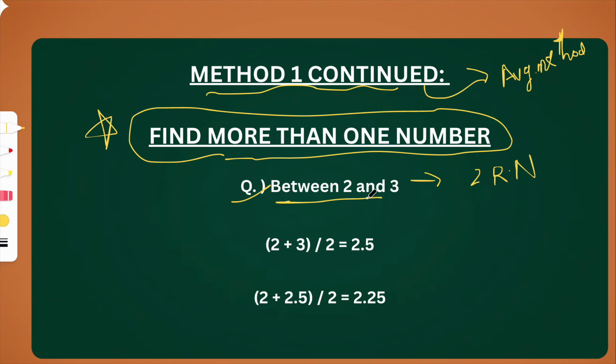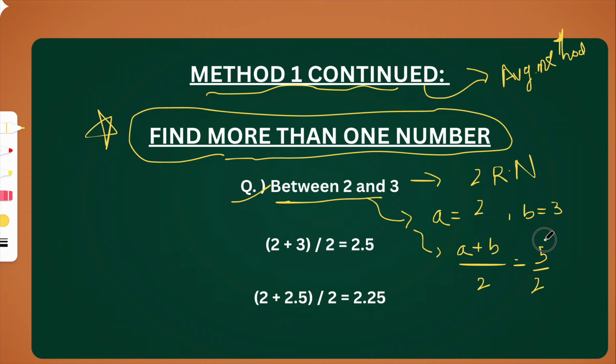So here, if we use the average method, हमने a को मान लिया 2, b को मान लिया 3 और इसमें एवरेज मेथड अप्लाई कर दिया, (a + b)/2, ये 5/2 आ रहा है. So 5/2 is a rational number between 2 and 3.